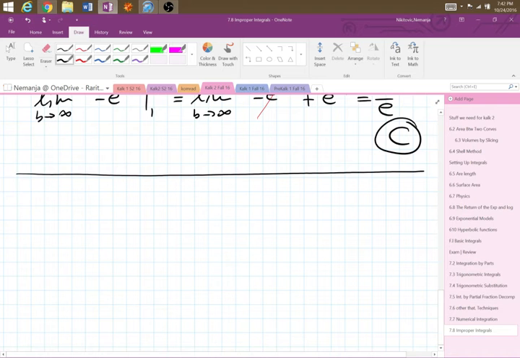Wait, so does that mean it's infinite area or finite? It's finite, for the bell-shaped curve. So is the volume also finite, if you rotated it? Very good. You just created more work for yourself, but you will eventually do it.